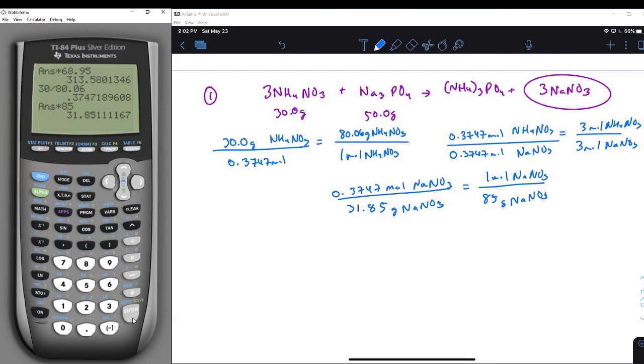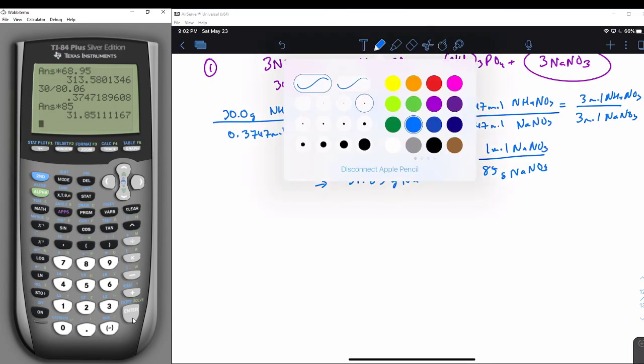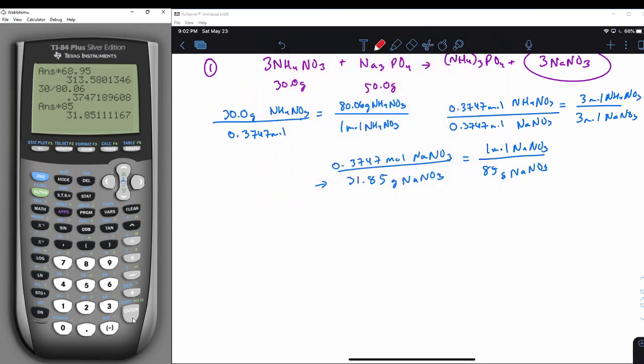Now, we have to look at how much the other substance could make, so that we can see which one actually makes less of the product. So this is one possible answer here. The other possible answer, and I'll do this as a factor label, is 50.0 grams of Na3PO4. Convert to moles. So 163.94 grams of Na3PO4 is equal to 1 mole of Na3PO4.